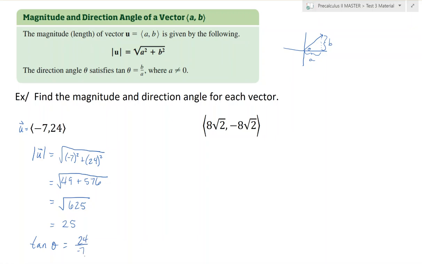to figure that. So inverse tangent of 24 over -7, making sure that you're in degree mode, and the calculator will put out a theta of -73.7 degrees. So what we want to do though is make sure we add 180 degrees to that so that we end up in the correct quadrant.